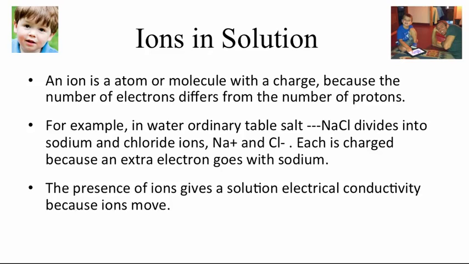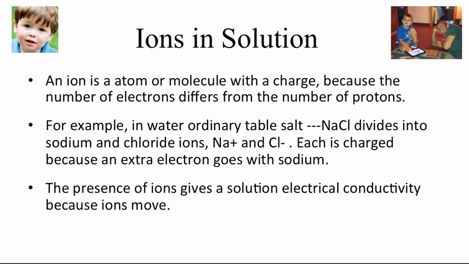So, for example, in water, an ordinary table salt molecule, sodium chloride, divides in the water into separate sodium and chloride ions. The sodium ion has a plus charge. The chloride ion has a negative charge.